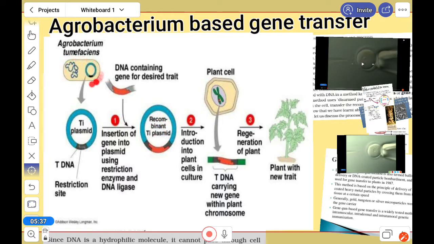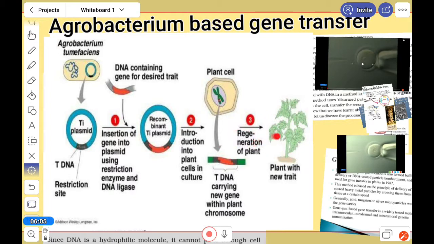So this bacterium can do the work itself. Then we introduce this recombinant plasmid through plant tissue culture, or we can make a wound and put it there. We get the same result, so this is highly efficient.